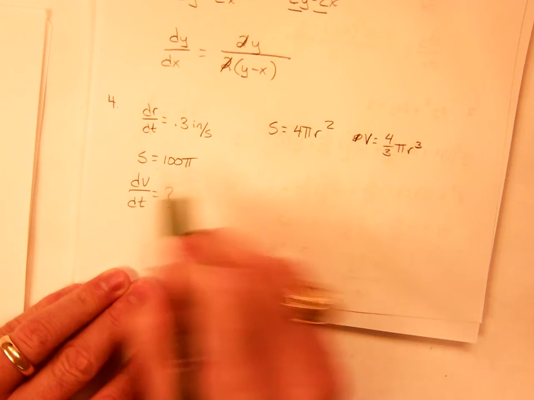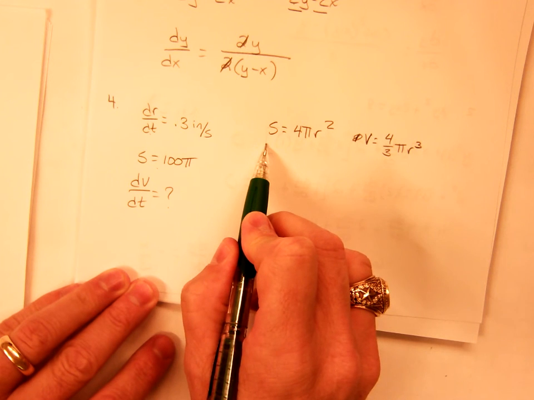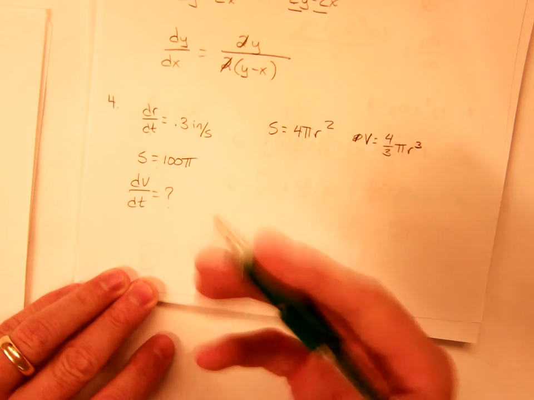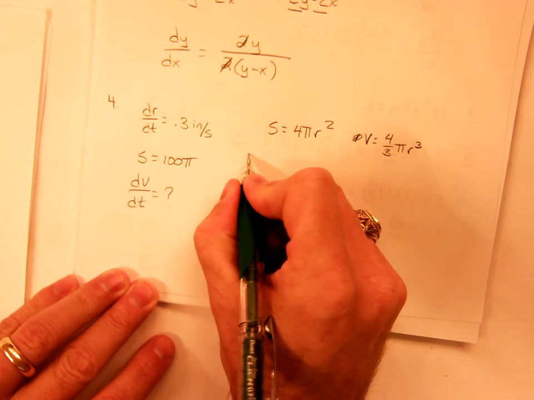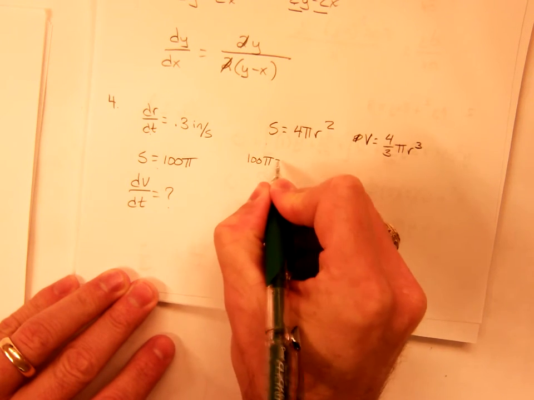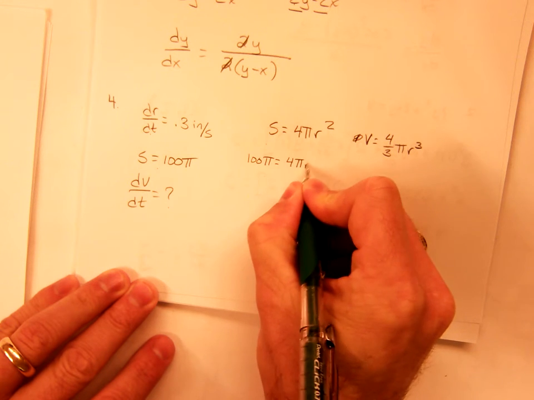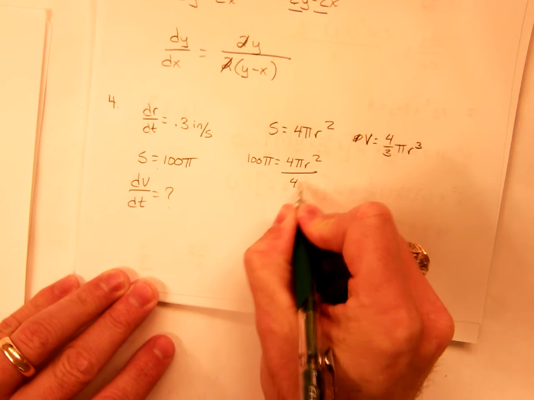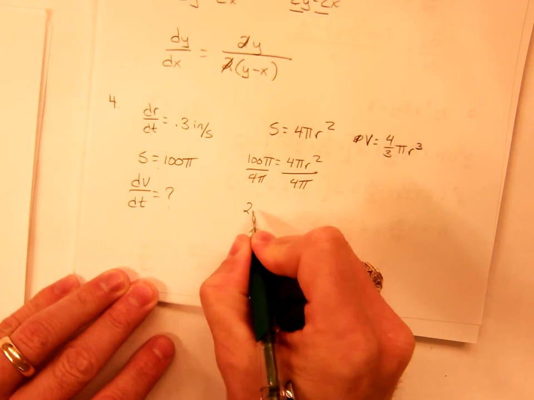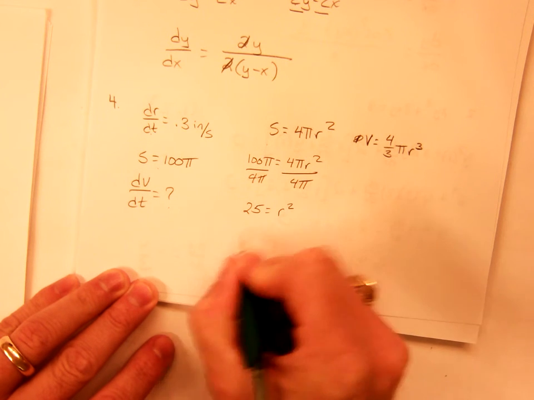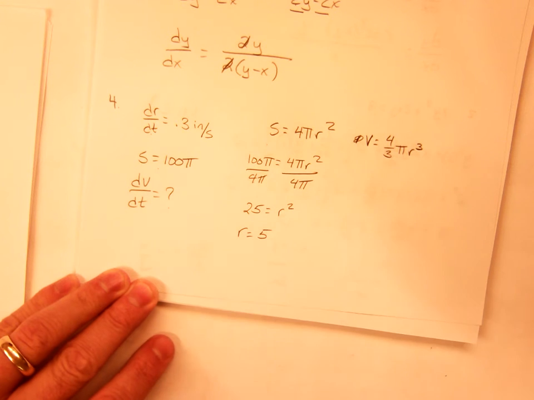They tell us the surface area is 100 pi, and it'll allow us to find out what r is at that time. So 100 pi is equal to 4 pi r squared. Divide both sides by 4 pi. I get 25 is equal to r squared. So r is equal to plus or minus 5. We're going to go with the plus.